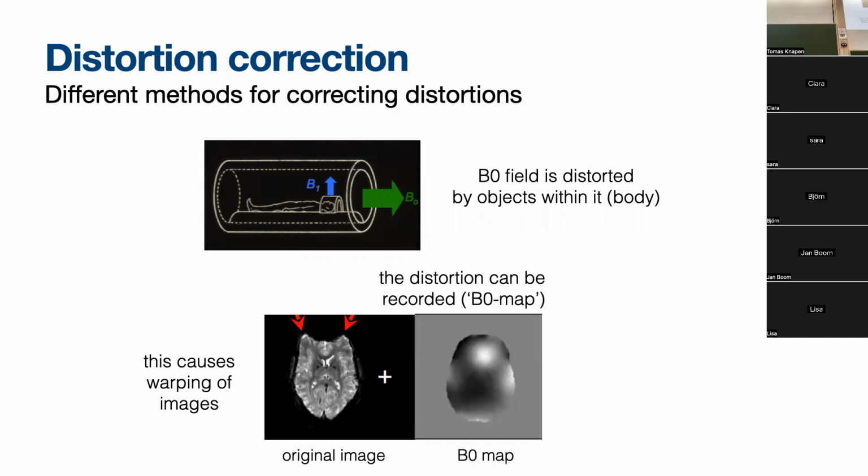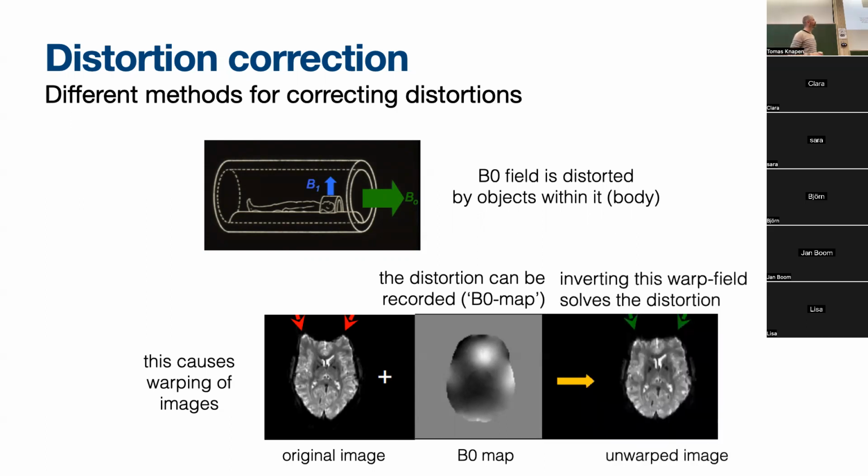And from that map, we can then calculate what our warpings would look like. What is the effect of these B0 distortions on the spatial quality of the image? Where would the warpings be? And knowing that, of course, we can then invert that error and push those little horns back where they belong.